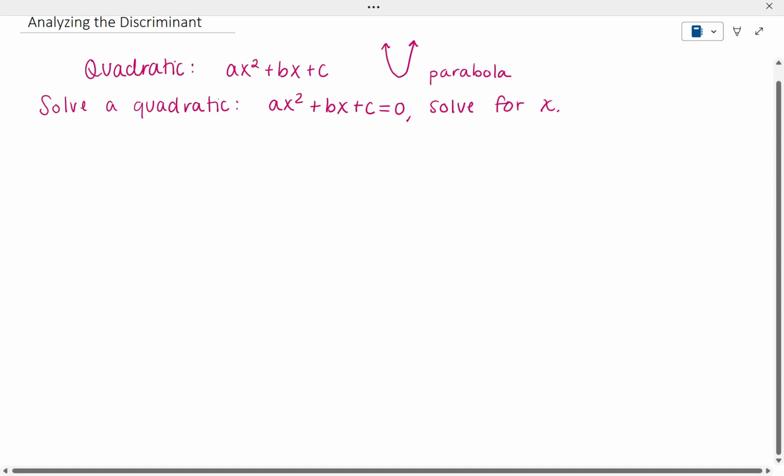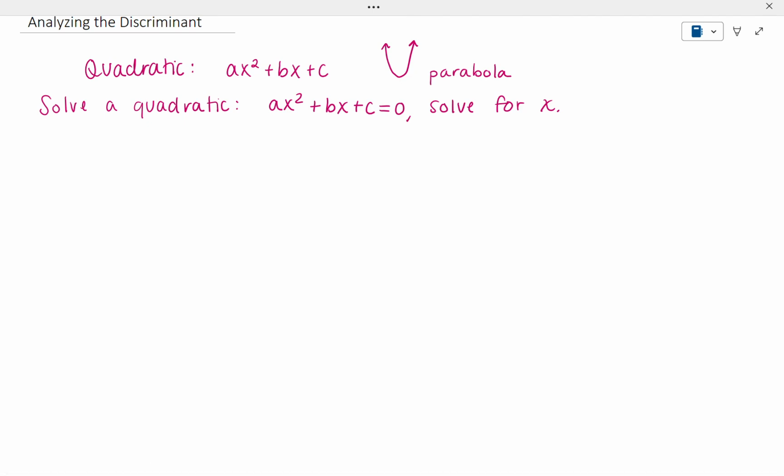And already you guys have been exposed to a variety of methods on how to solve quadratics. So we've seen the square root property, completing the square method, the quadratic formula, factoring, and then also graphing as well. So let's write that down.